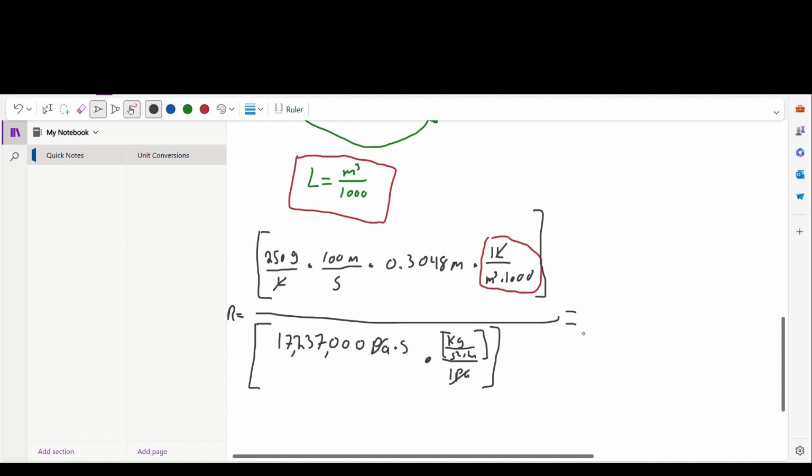We'll do 250. We'll multiply that by 100. We'll multiply that by 0.3048, and we will divide that by 1,000 at the top. And on your top, you're going to be left with 7.62. This will be grams times meters squared.